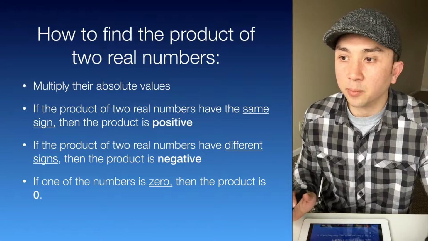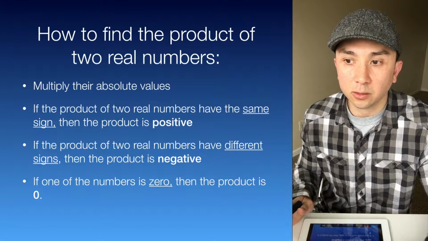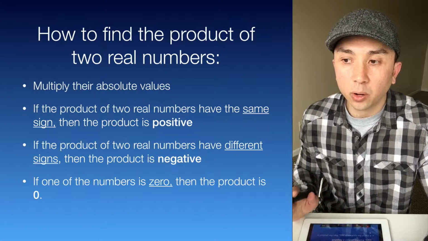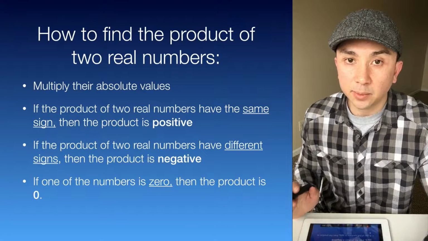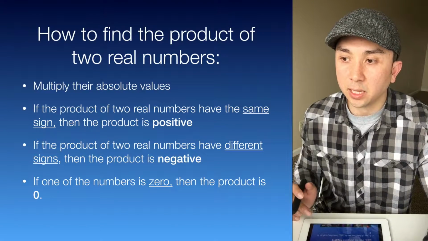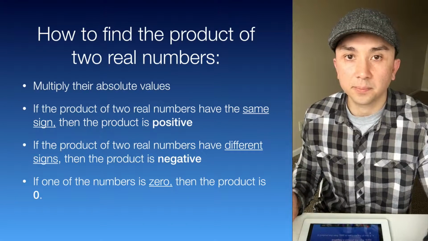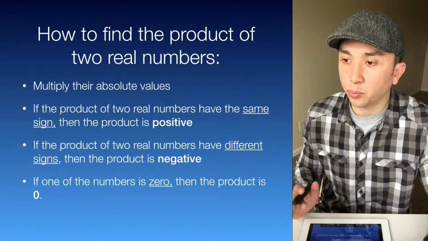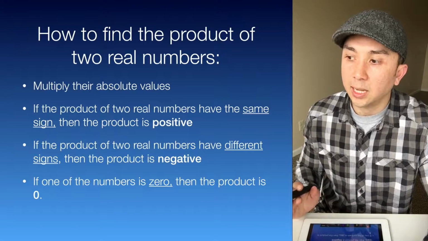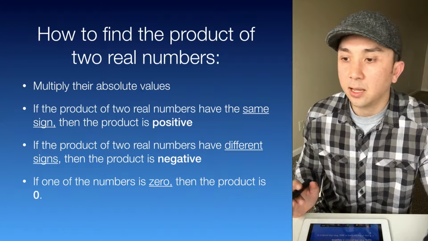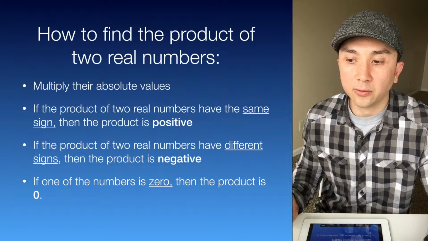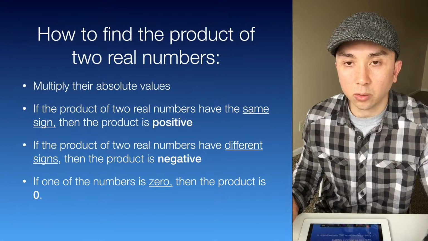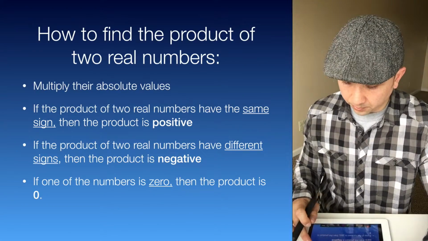First, we're going to multiply their absolute values. Now, if the two real numbers have the same sign, then the product is positive. If the two real numbers have different signs, then the product is negative. And if one of the numbers is 0, then the product is 0.